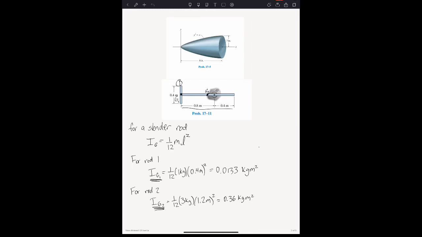This is a combined object of two rods, and I need to know the center of mass of the shape. I have two problems. These moments of inertia that I've calculated are perfectly nice and useful, but they're not about the center of mass of the overall object. So we need to find the moment of inertia about the overall center of mass.